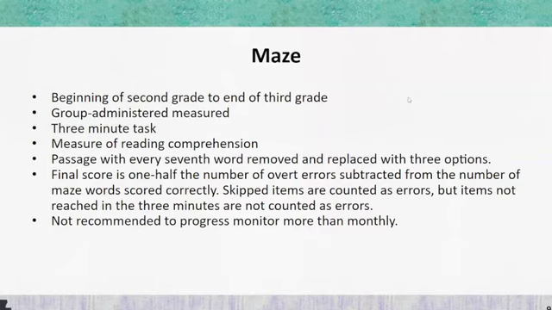In 3rd grade, the first and last sentence are left intact. And in 2nd grade, the first 2 sentences and the last sentence are left intact. The final score is 1/2 the number of overt errors subtracted from the number of maze words selected correctly within 3 minutes. Skipped items are treated as errors, but items not reached outside of the 3 minutes are not counted as errors.